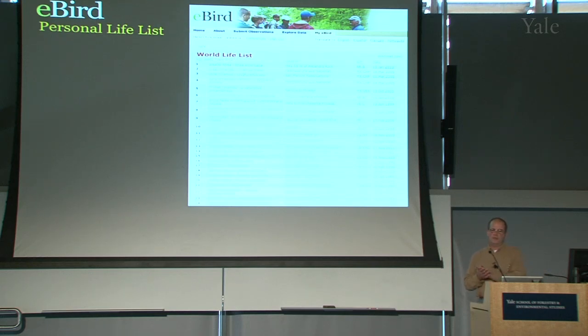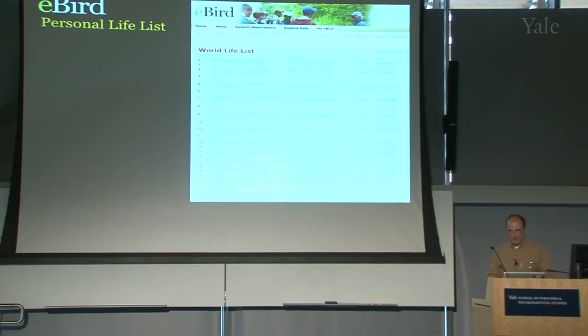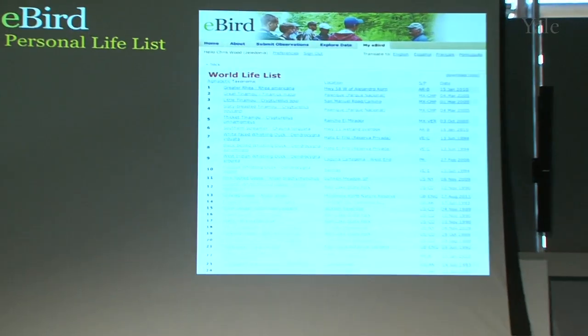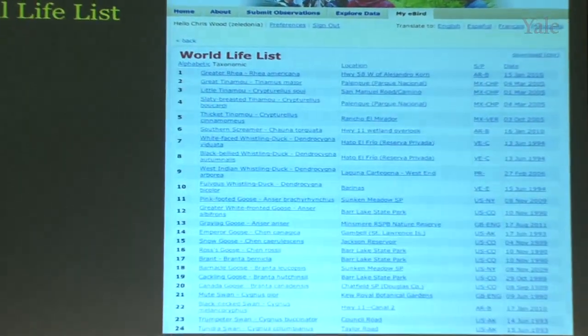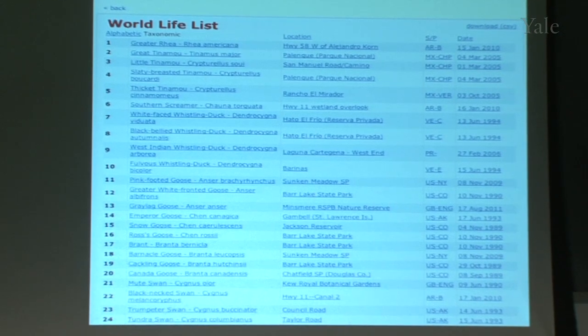So what we've done with eBird is develop a community of participants by providing that community with all the features that bird watchers or birders like to have when they participate in birding. One of the major things birders love are life lists and lists of birds.